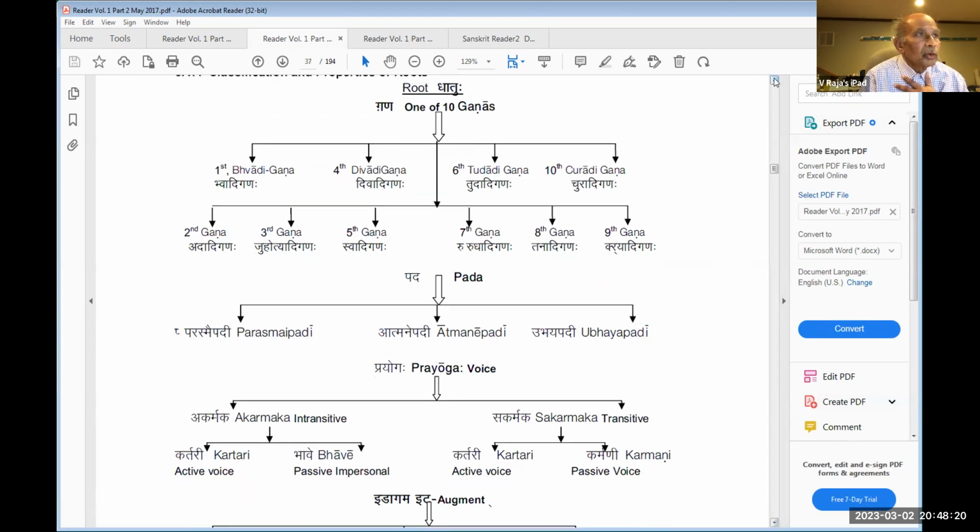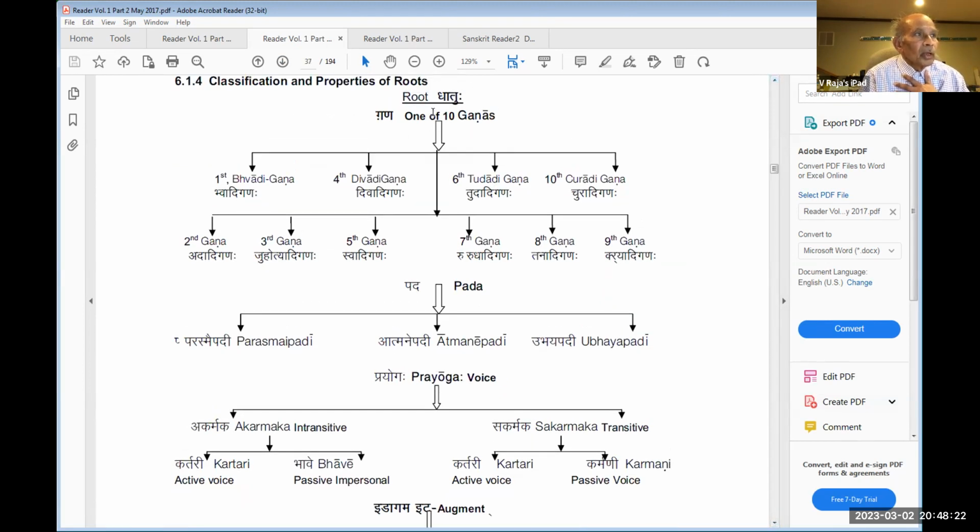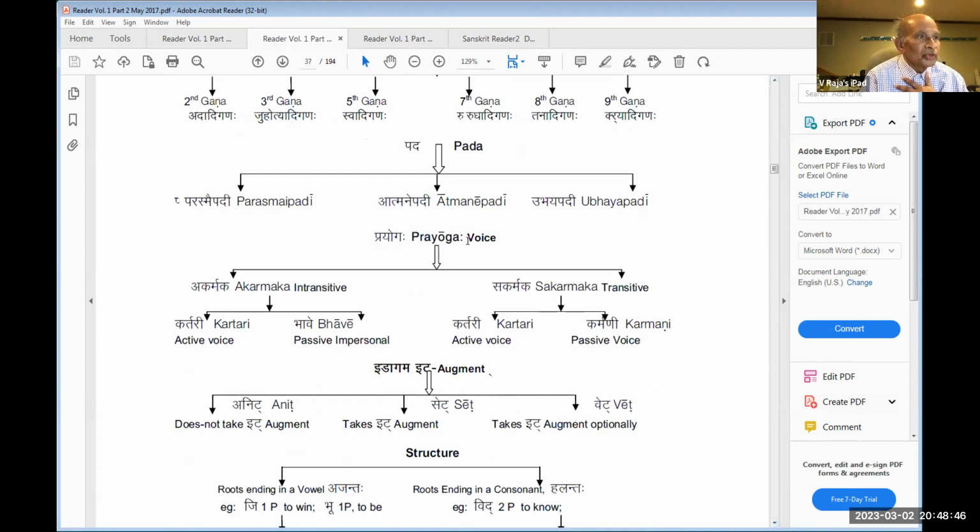The root, first thing is, dhatu belongs to one of 10 ganas. First gana, fourth gana, sixth gana, 10th gana. These are the things we are going to dissect and do very clearly. Then whether it is a padi, parasmaipadi, atmanepadi, or ubhayapadi, or when it is a prayoga, usage, whether it is akarmaka.